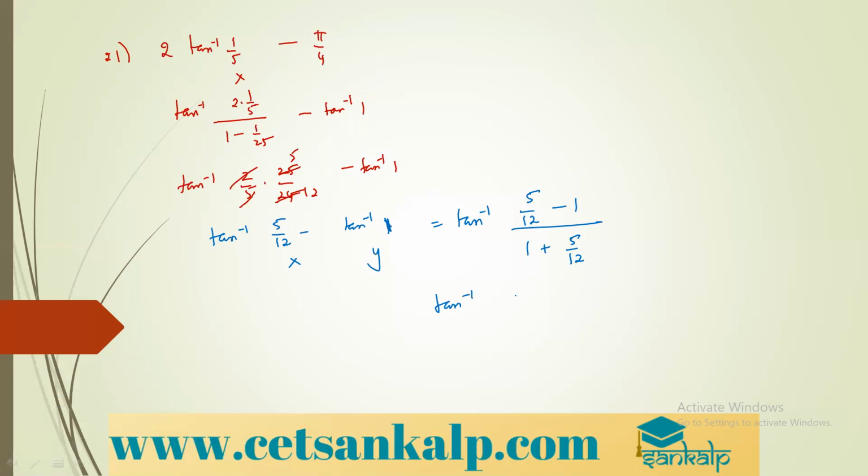So tan inverse minus 7 by 17. But outside in the question there is tan. So if you keep outside tan, the final answer will be minus 7 by 17.